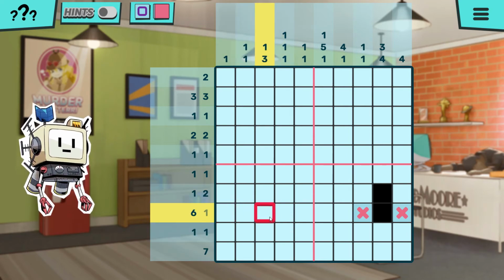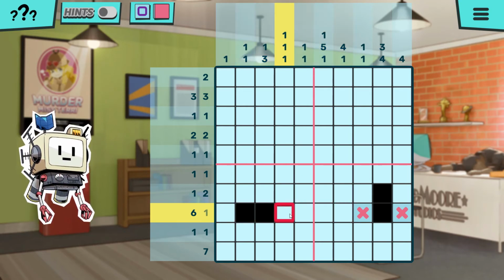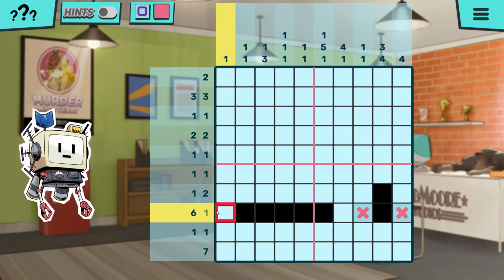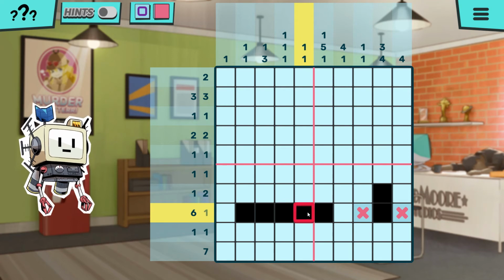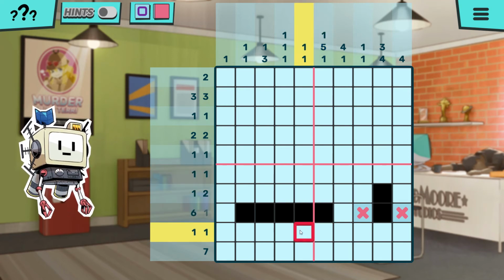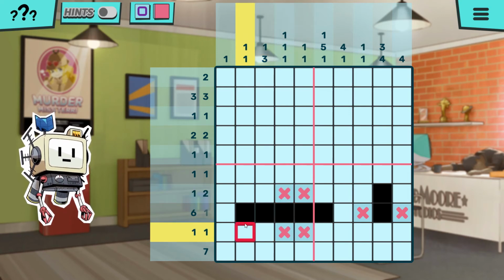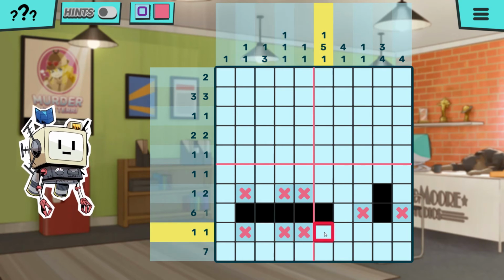But the 6, how many tiles do we have? 7. So the 6, these need to be filled out. The 6th remaining square can either be here or here, but these have to be. Okay. That also means since these are all 1s, these have to be blank. These are all 1s as well, so these have to be blank.